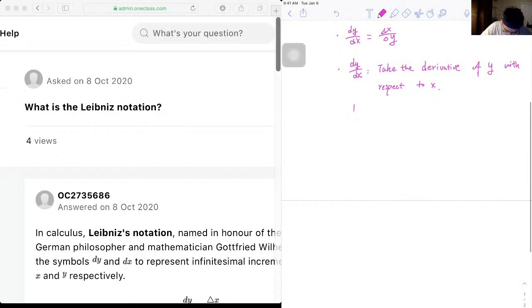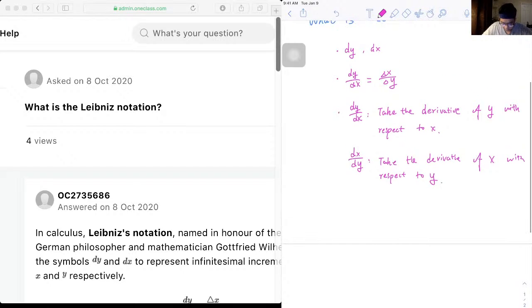And same thing, if we have dx over dy, then it's going to be take the derivative of x with respect to y. Okay? So that's sort of a definition of what that is.